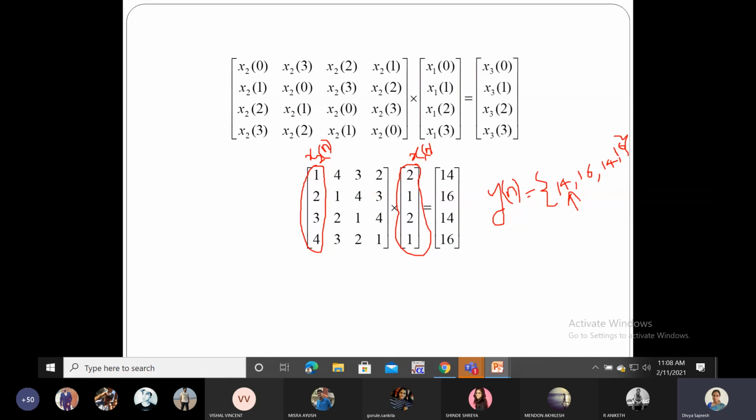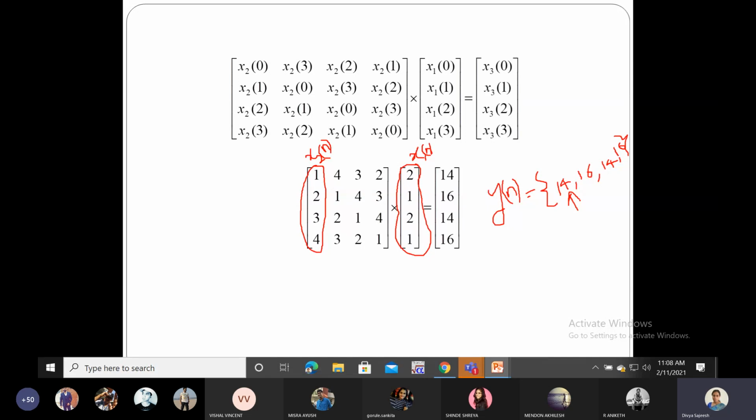Now, when the sequences have different numbers of samples, let us take the one which you have solved just now for linear convolution. You solved the example with elements -1, 1, 2, -2, and h of n is 0.5, 1, -1, 2, the one which you solved for the test just now.